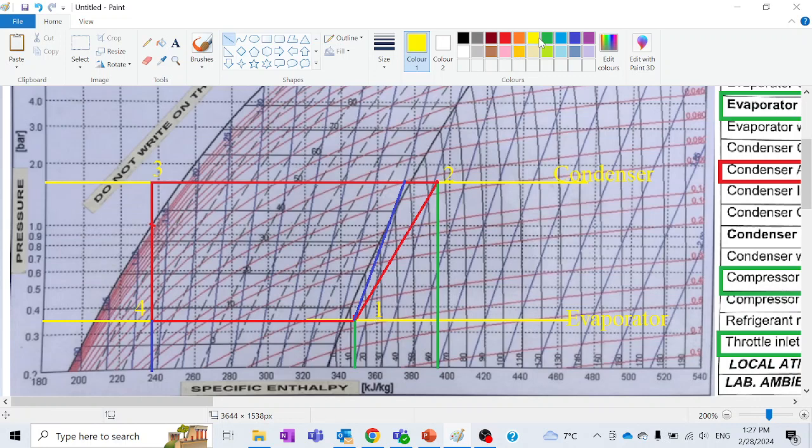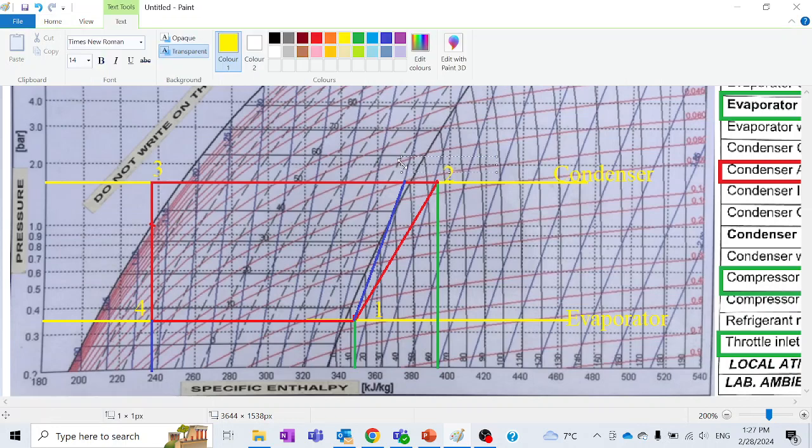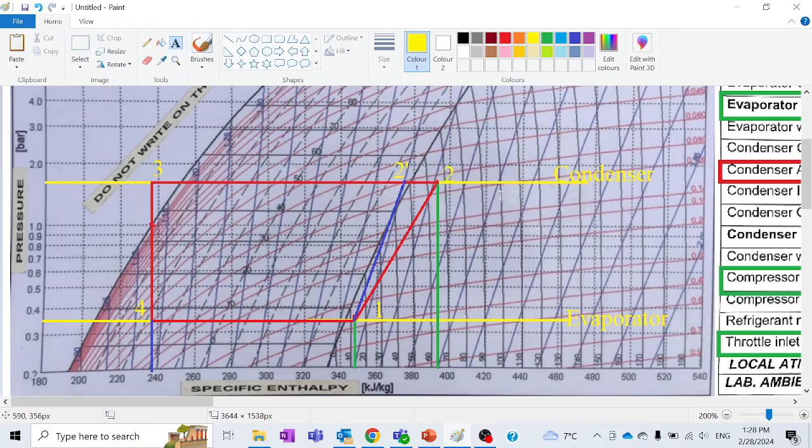So for this new isentropic point here, let's name it 2 bar, 2 dash. This is our isentropic point, and rather than following this path in the compressor, it followed another path which ended at point 2.